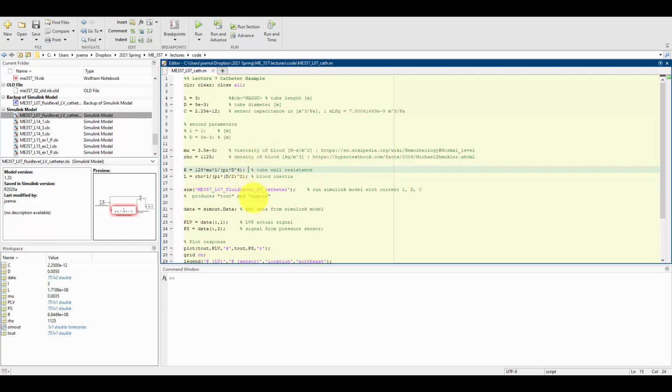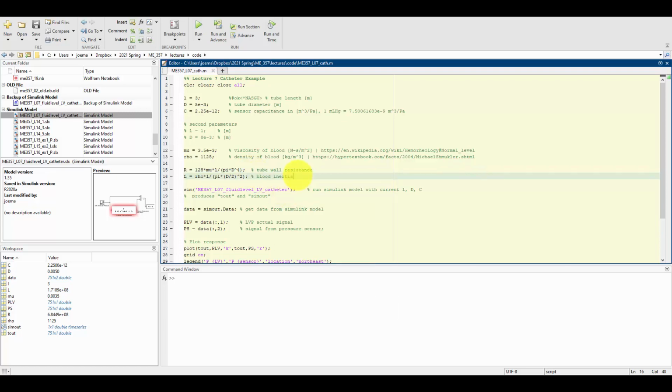To accomplish this, we can have our R be smaller if we have a diameter that's larger, because that makes the denominator larger. So if D is larger, R is going to get smaller. Also, if L is smaller, R is going to get smaller. So a shorter catheter and a wider catheter, a larger diameter open catheter, reduces R.